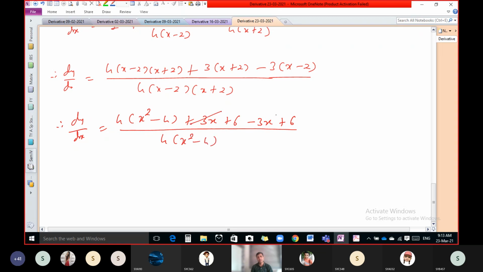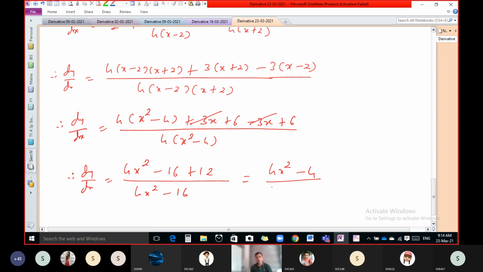You can cancel 3x. So dy/dx equals, opening the bracket, 4x² − 16 plus 6 plus 6 is 12, upon 4x² − 16. Simplifying, 4x² − 16 + 12 is 4x² − 4, upon 4x² − 16.